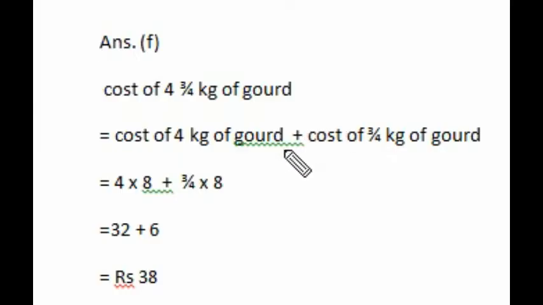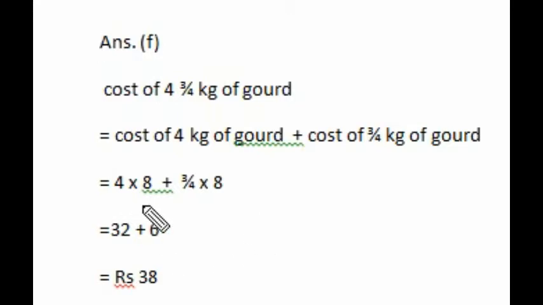Here we will find out the cost of 4 and 3/4 kg of gourd. Here the cost of 4 and 3/4 kg of gourd is equal to the cost of 4 kg of gourd plus the cost of 3/4 kg of gourd. So the cost of 1 kg of gourd is equal to rupees 8. So 4 into 8 plus 3/4 into 8.